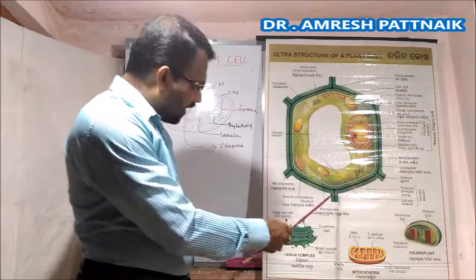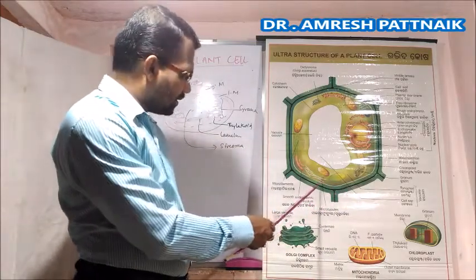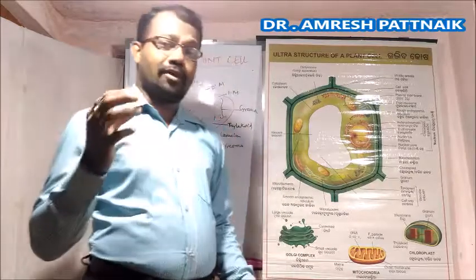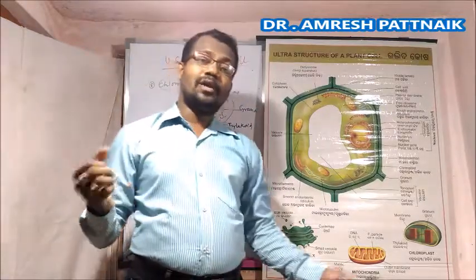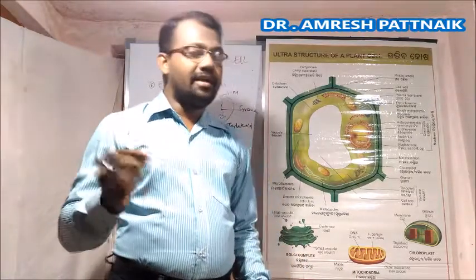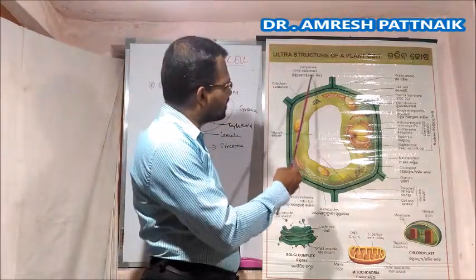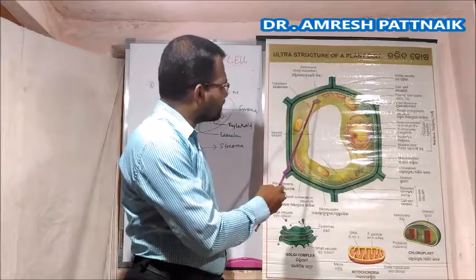Next, you will find microtubules here, and microfilaments here. These microtubules and microfilaments have an important role during cell division. Then you will find another substructure here. What is this?